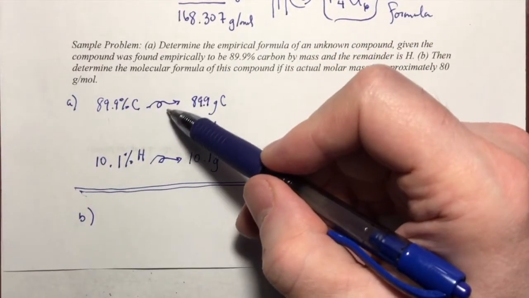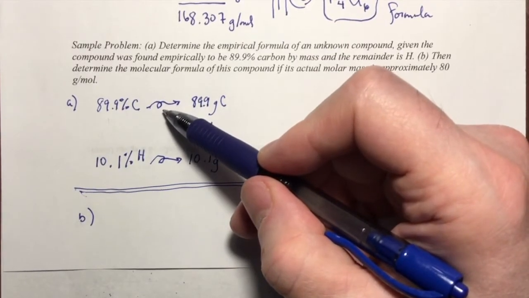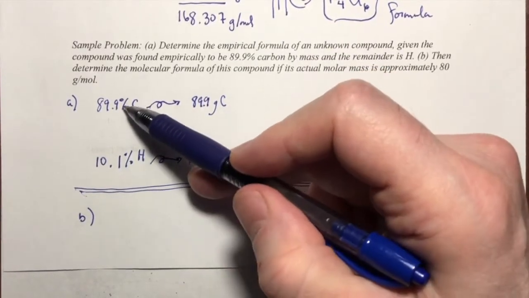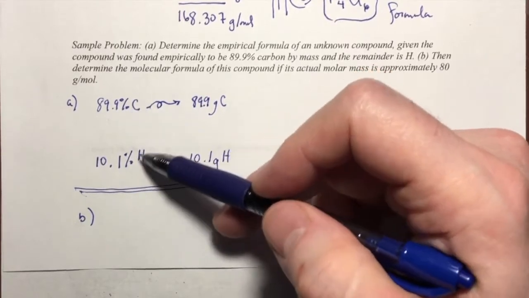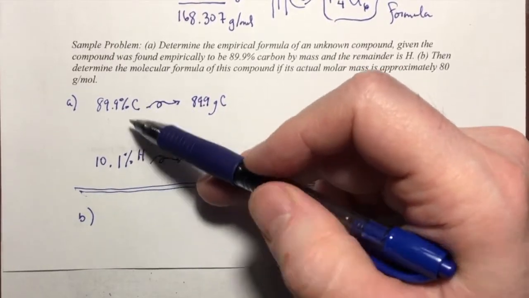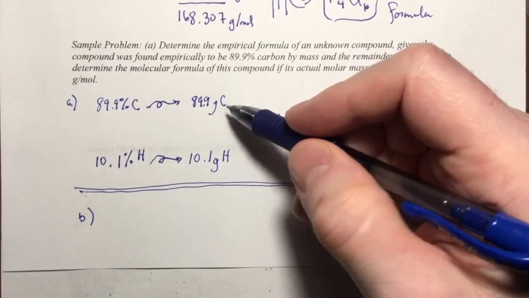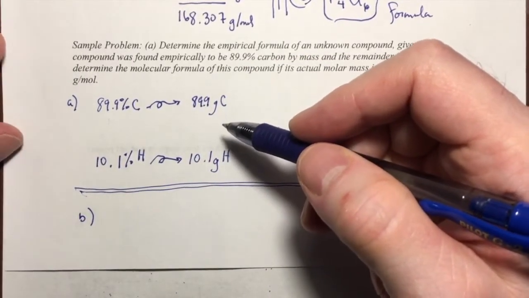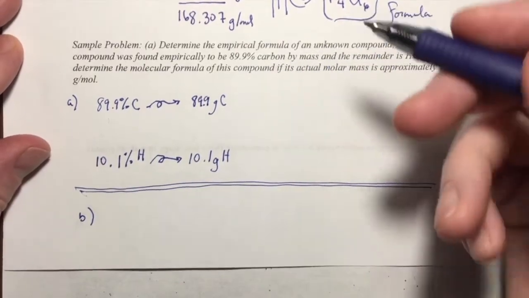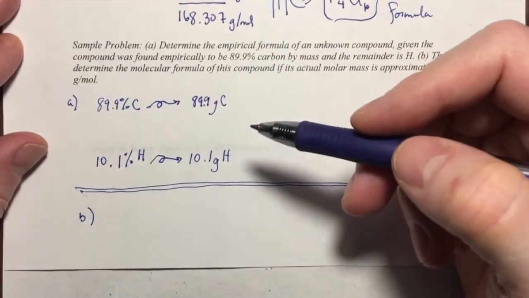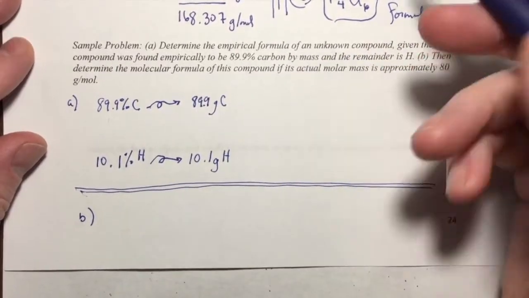I'm being a little facetious here. I'm not doing any magic. I'm just saying, assume we have 100 grams of this compound, then whatever the percentage is also equal to the number of grams because I've made that assumption. And it works. There's my first step, percent to mass.